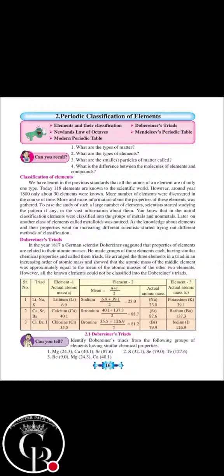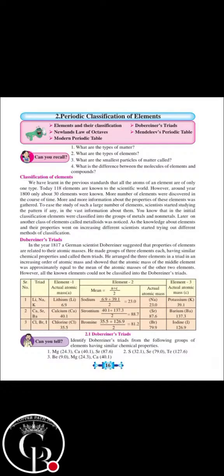In the year 1870, Dobereiner, a German scientist, proved that the properties of elements are related to their atomic masses. He had made groups of three elements, each showing similar chemical properties, and called them triads.